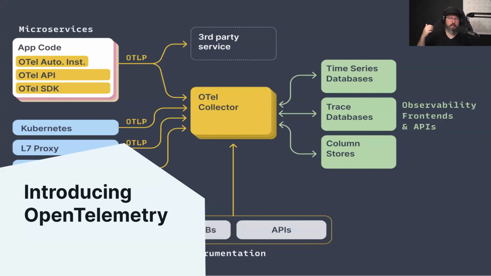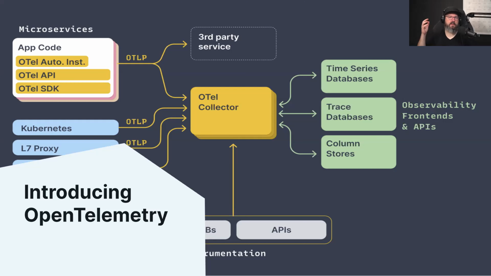OpenTelemetry is a project that's governed by the Cloud Native Computing Foundation, who are the people that help manage things like Kubernetes, Prometheus, Backstage, maybe other projects you've heard of. There's a whole range of open source projects under that umbrella.